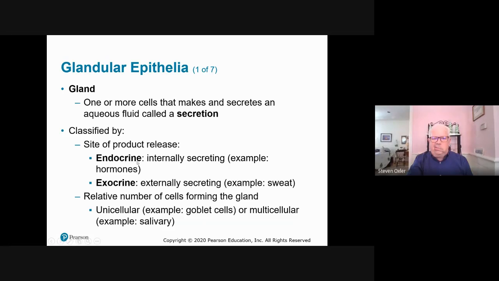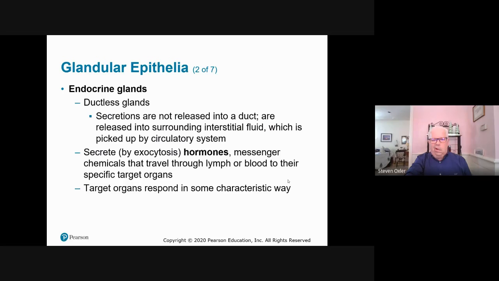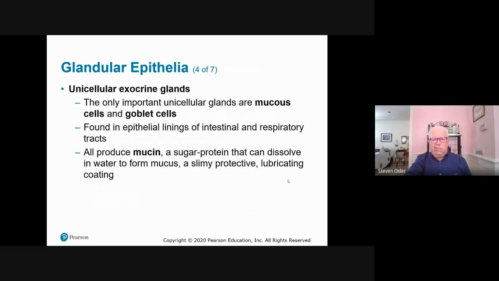The endocrine system is a huge system which you talk about in the beginning of Bio 114, okay? But the exocrine system basically is sweat, all right? Basically, what I want you to know about glandular epithelium is the difference between endocrine and exocrine. And I want you to know one more thing.